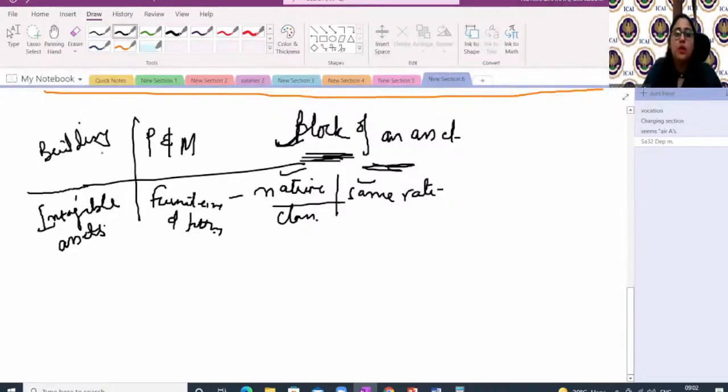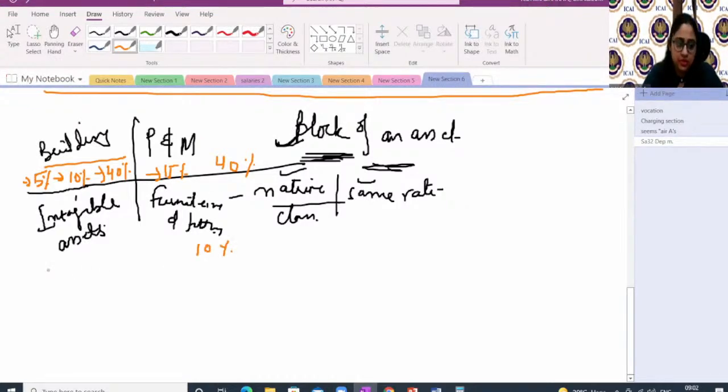Now in each class of asset, we'll discuss the rates, don't worry. In each class, for example building, there are different types of rates. Residential building has a different rate, normal buildings a different rate, temporary buildings or temporary structures a different rate. Plant and machinery has different rates. In furniture and fittings, generally 10% is the rate.